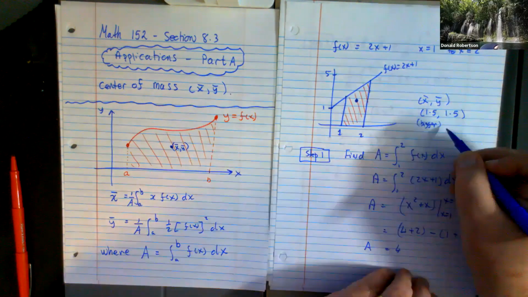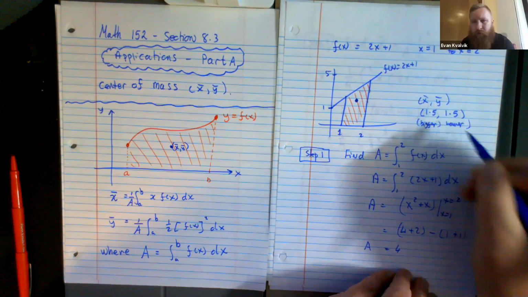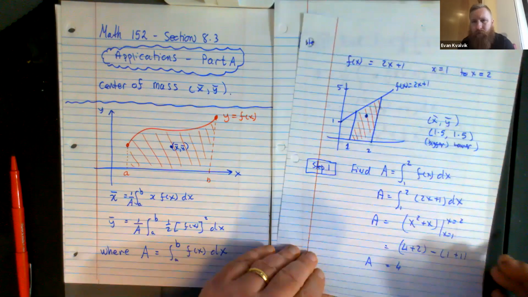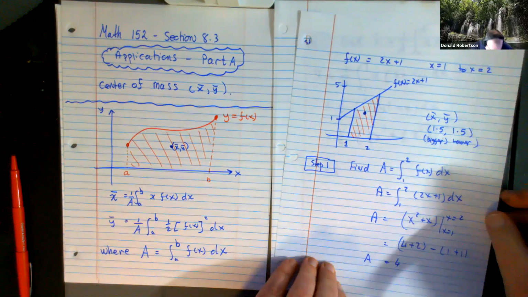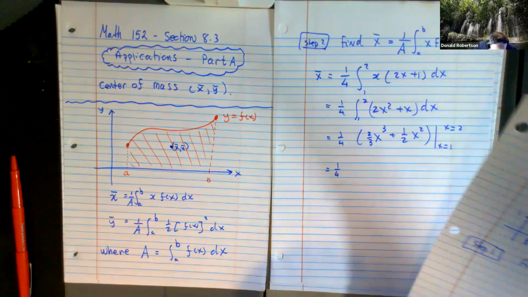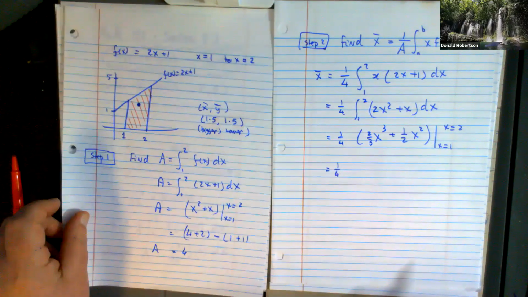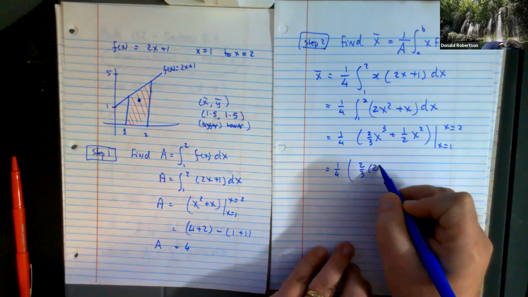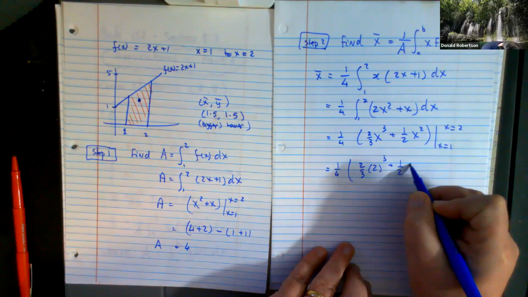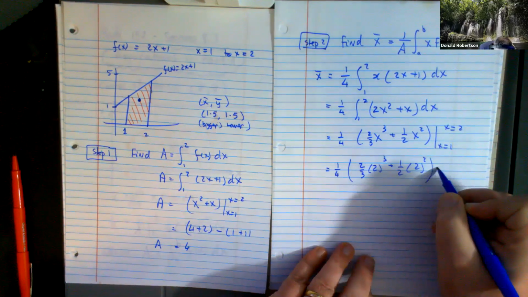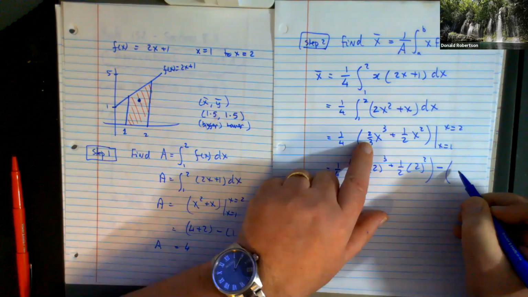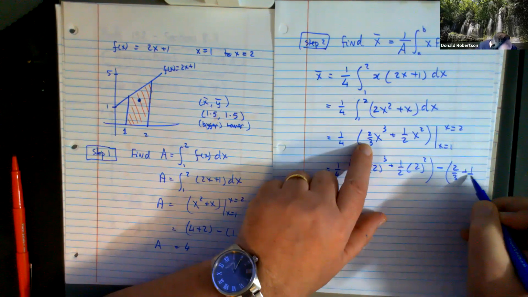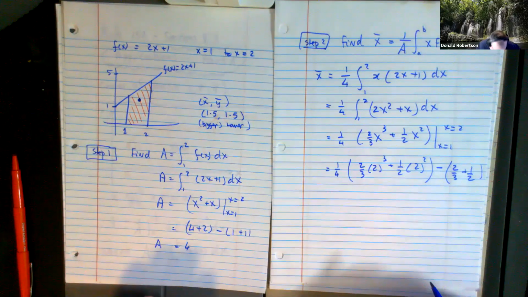Okay. I have no idea what the answer is, by the way. Just getting a gut feeling. Let's see what it is. So what we're going to get then? 2/3 times 2 cubed plus 1/2 times 2 squared. Take away, I'm just going to call that 2/3 plus 1/2 because you don't need to know what the powers are because they're all 1 to the power of something.